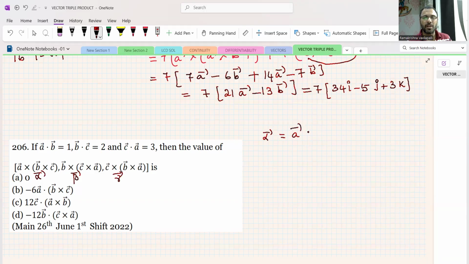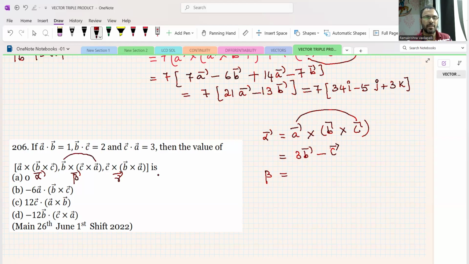Okay. I will write in the beginning, A bar cross B bar cross C bar. This is equal to, first you have to take that A bar dot C bar is nothing but 3 into B bar minus A bar dot B bar is nothing but 1 into C bar vector. Similarly, beta is equal to B bar dot A bar.